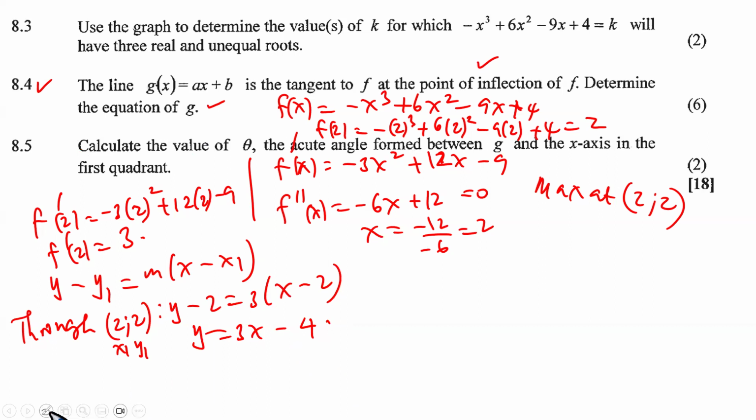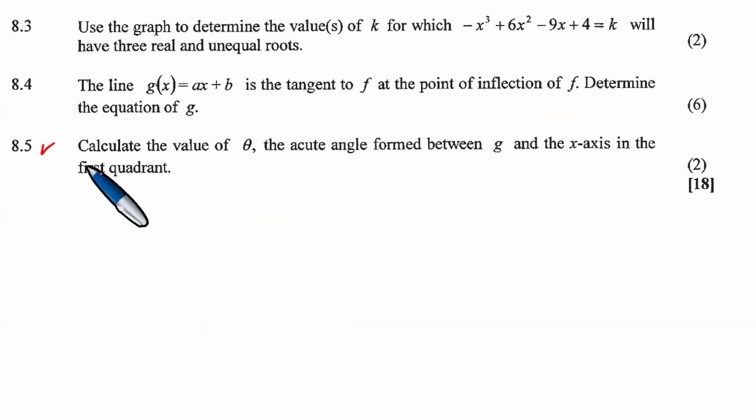In the next question, we look at 8.5: calculate the value of theta, the acute angle formed between g and the x-axis in the first quadrant. So now let us look at that, because we know that g of x is 3x minus 4. They were balancing the marks here, just adding 2 marks, a very simple question.